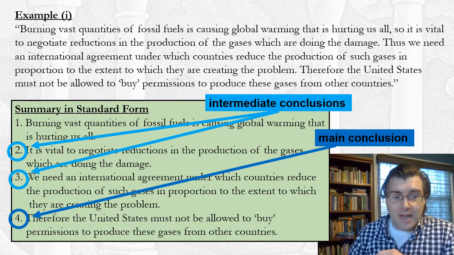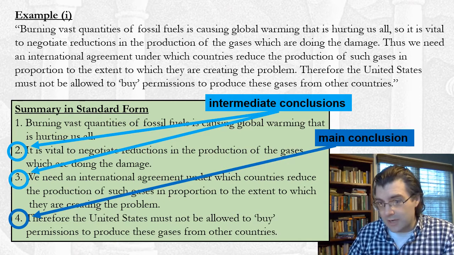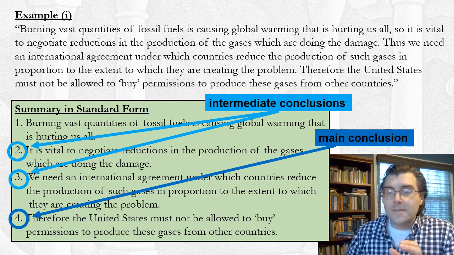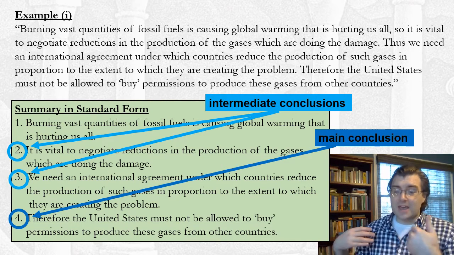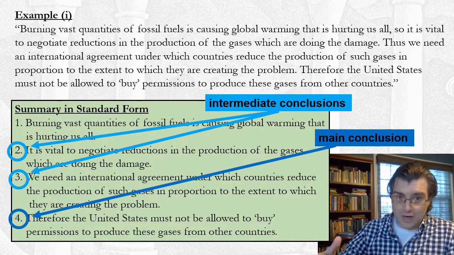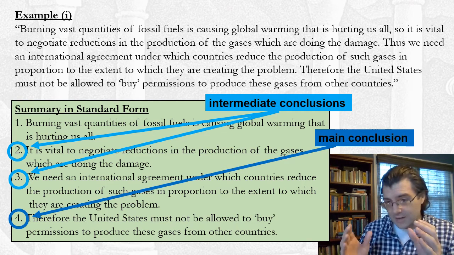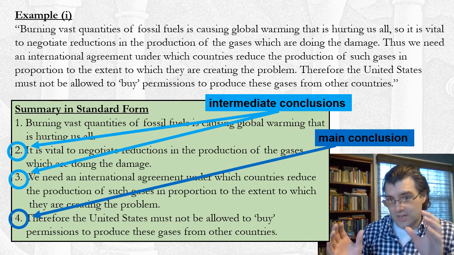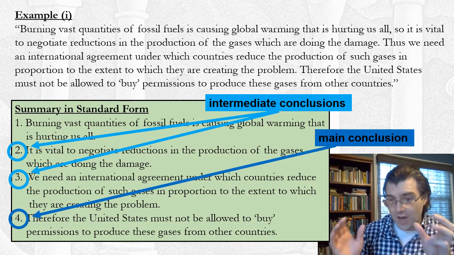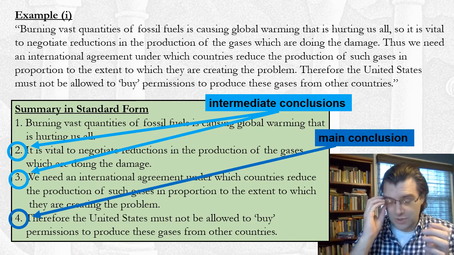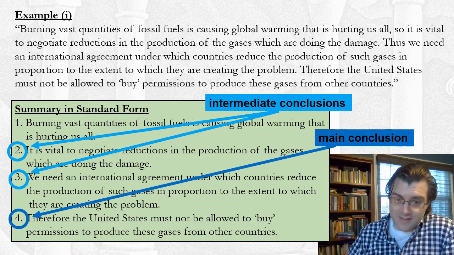Okay, and likewise, claim 3, we need an international agreement under which countries reduce the production of such gases, etc., is supposed to be a conclusion drawn from the previous claim. Okay, and the fact that that is itself a conclusion is indicated by the word thus in the original passage, which is serving as a conclusion indicator in this case.